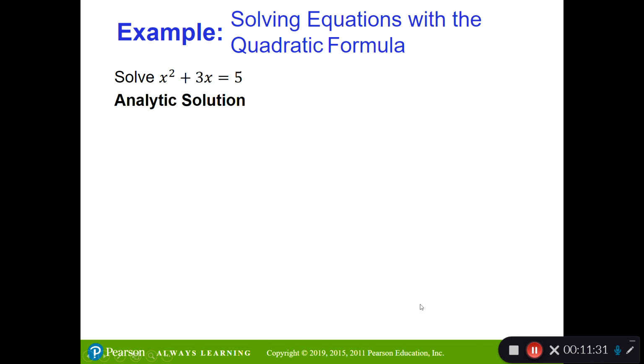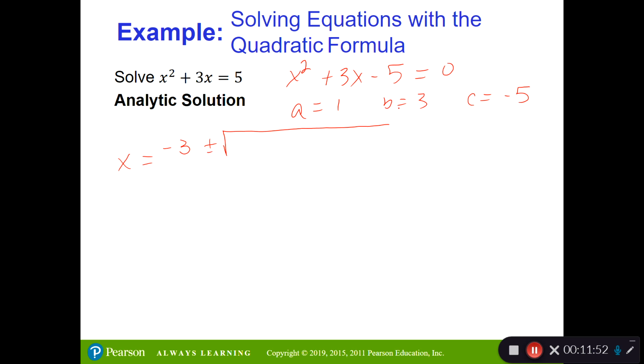Let's solve this using the quadratic formula. So the first thing that we do is put it in the right form. x squared plus 3x minus 5 equals 0. My a is 1, my b is 3, and the c is negative 5. So filling into that quadratic formula, I'd have x equals negative b plus or minus the square root of b squared minus 4 times a times c, all divided by 2 times a.